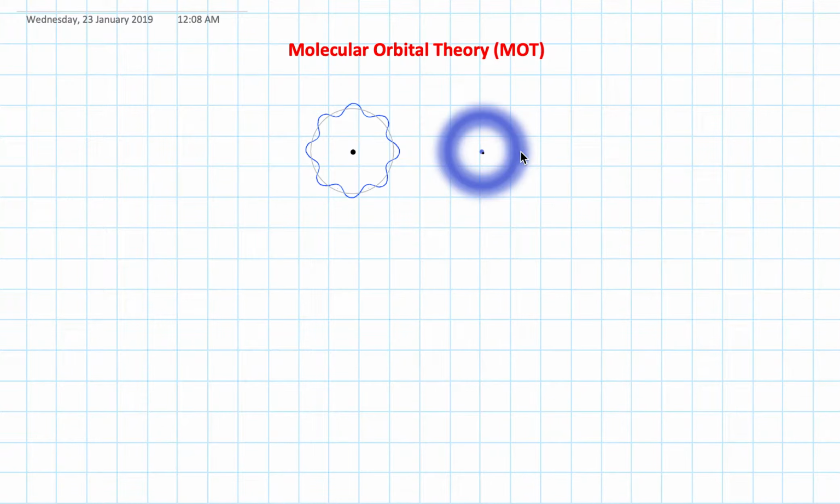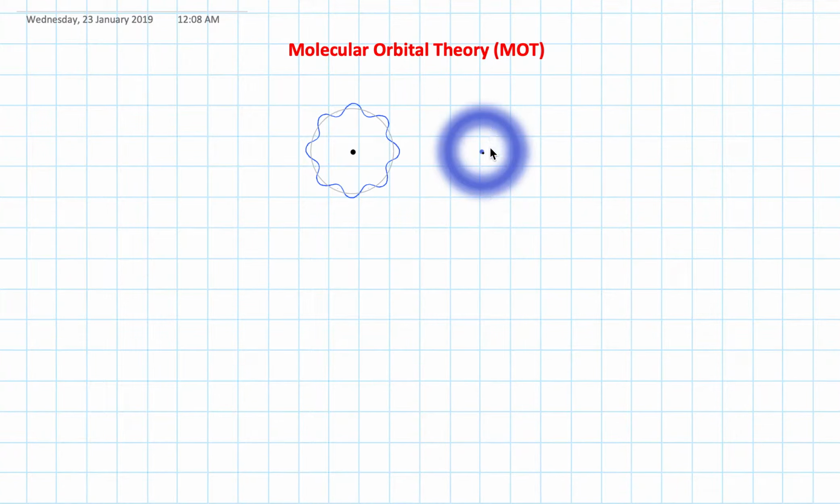It deepens, becomes maximum, then fades out and reaches zero. This is the region where the electron density is maximum within an atom. This region is called the atomic orbital.